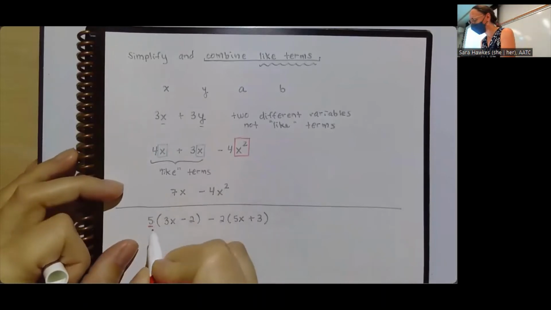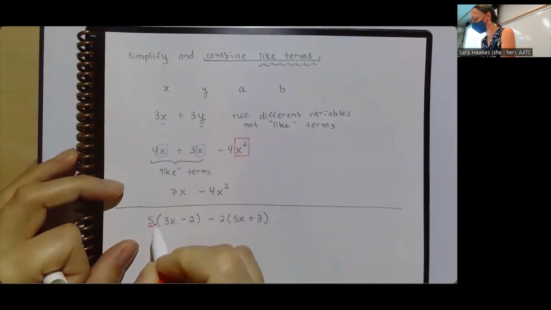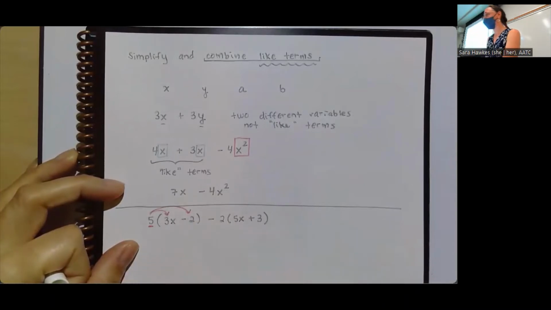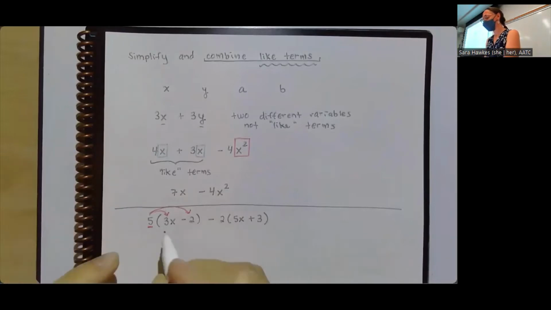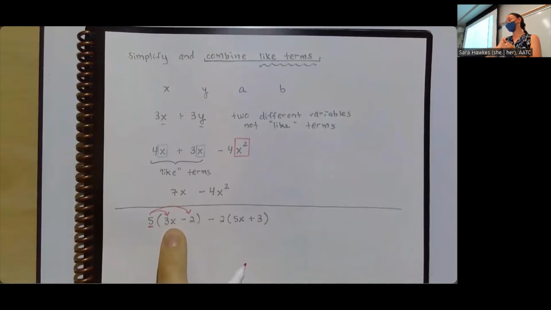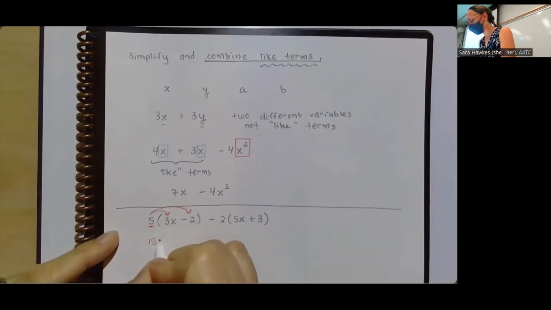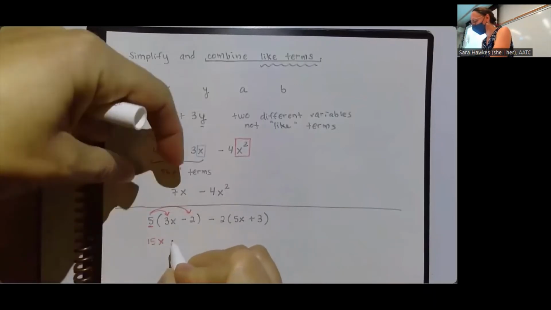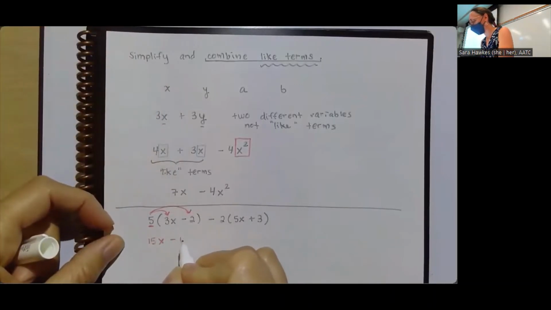What I mean by that is I know that I need to distribute this 5 into the 3x and also to the -2. So I'm going to do 5 times 3x. I can't do anything with the x, but I can multiply the 5 times 3 and end up with a 15x. 5 times -2, I am looking at -10.